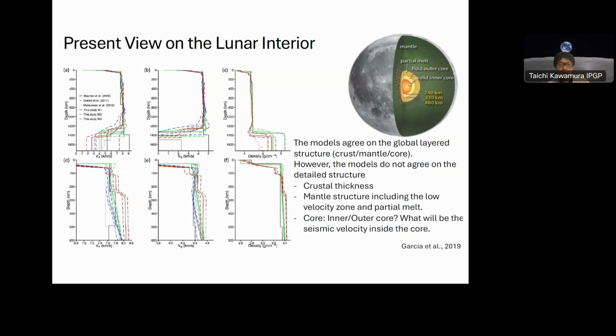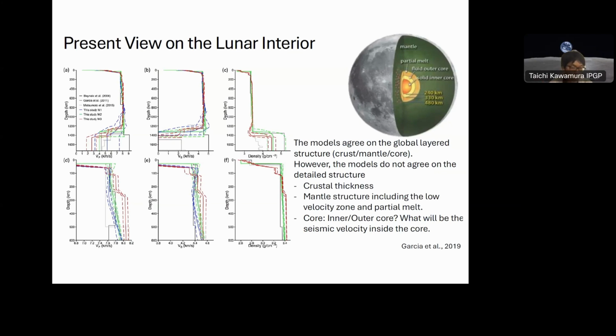The top gives you the full structure, and the bottom one shows a zoom on the shallower part. What we can see from here is that while many models agree globally in terms of structure, we still have lots of uncertainty, especially in the deep region. For example, we still don't know what the core structure is. Do we have an inner core or an outer core?